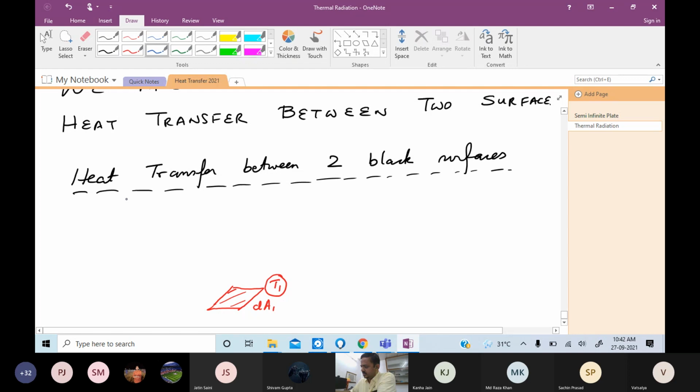And somewhere I'll draw another, which I'll name dA2, at a temperature T2.